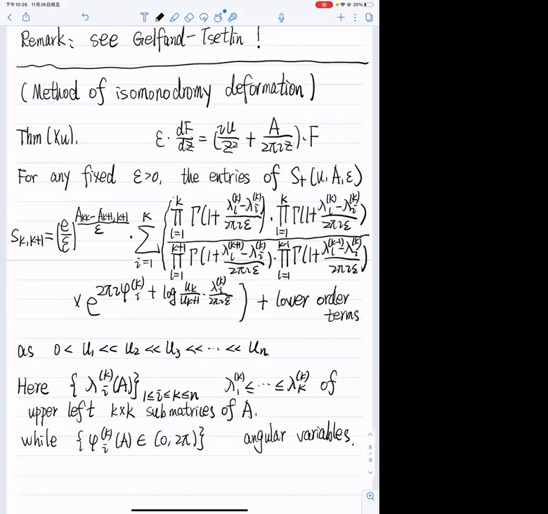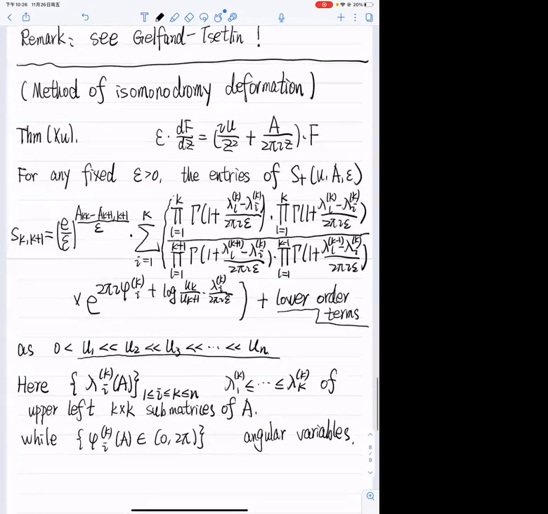The belief is that maybe there is no explicit way to write them down. So what I did here is to compute the leading asymptotics of Stokes matrices as U1 much less than U2 and so on. Here this means I send UN to infinity first and then UN minus 1 to infinity. So the lower order terms are in this limiting sense.